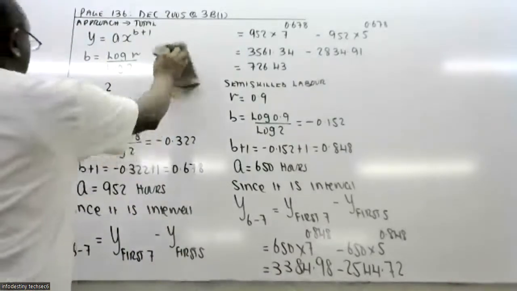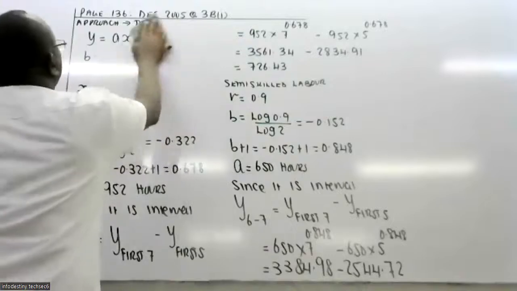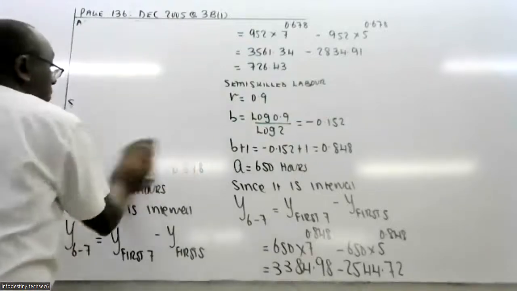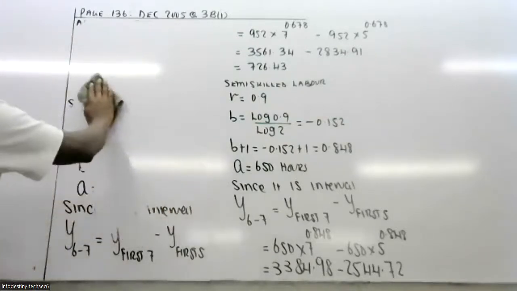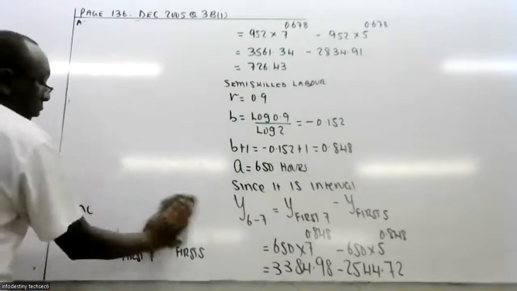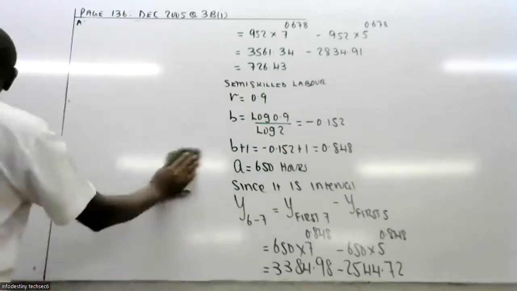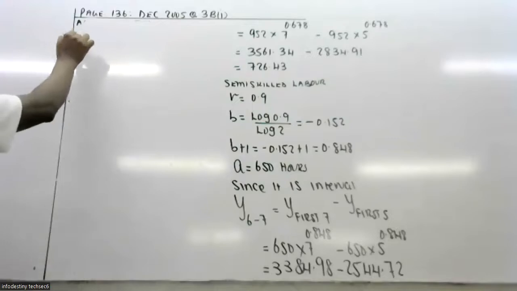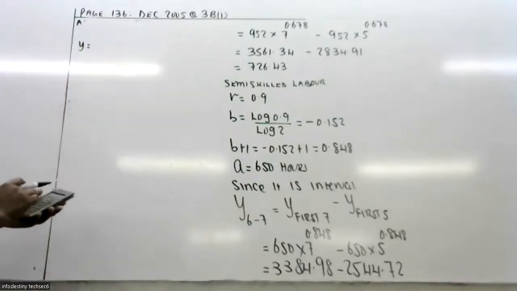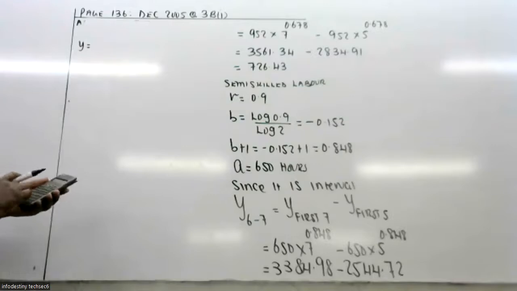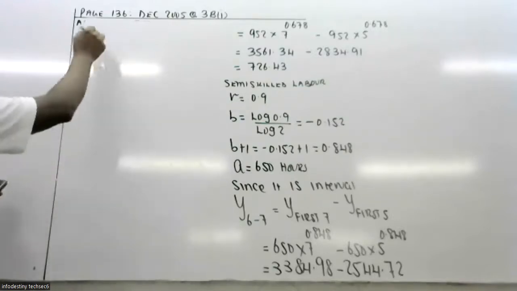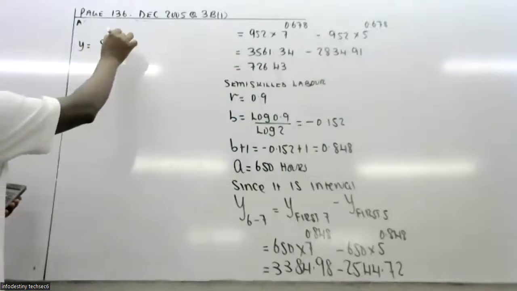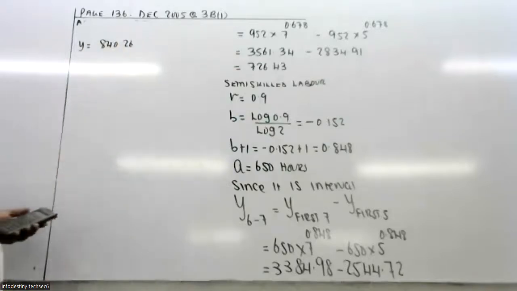Now with that, you say y is equal to 2384.98 minus 2544.72, which equals 840.26 hours.